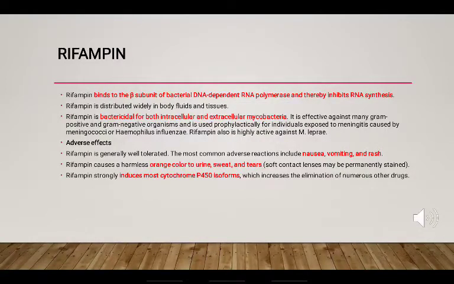Your eyes, your tears will be orange. Interesting. And the sweating too, you may notice a change in the color, and also a change in the urine. And if the patient comes to you and she is wearing contact lenses, and you put her on rifampicin, the lenses can be stained permanently because of the tears, because of the stained tears.